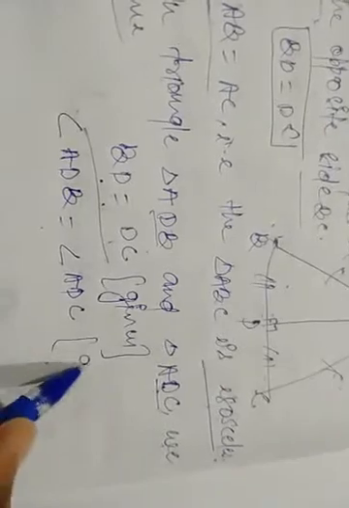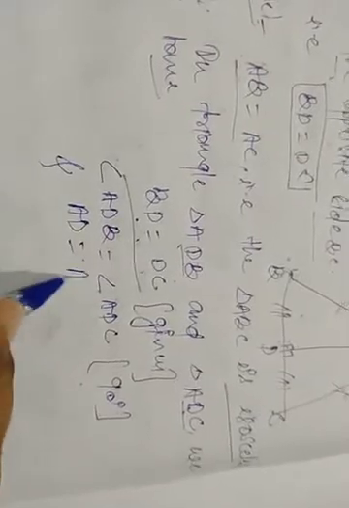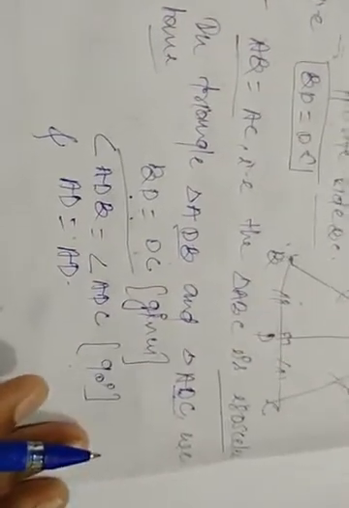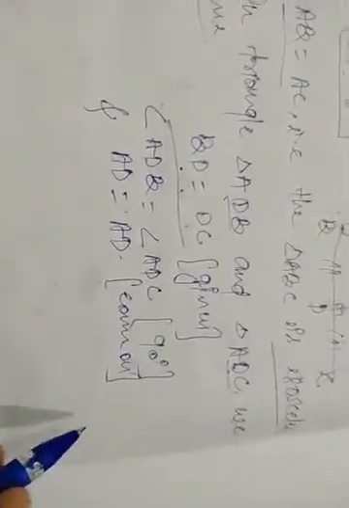Angle ADB is equal to angle ADC, each equal to 90 degrees. And AD is equal to AD. This is common in both the triangles.